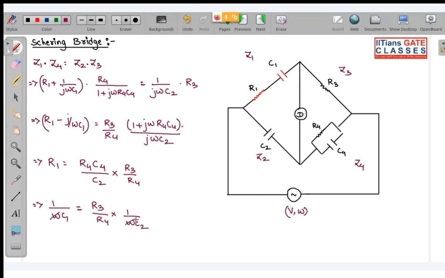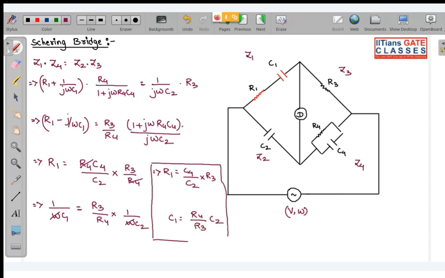So omega gets cancelled, R4 cancels. So we have over here R1 is equal to C4 by C2 into R3, and C1 is equal to R4 by R3 into C2.